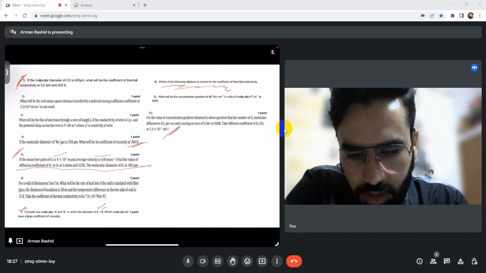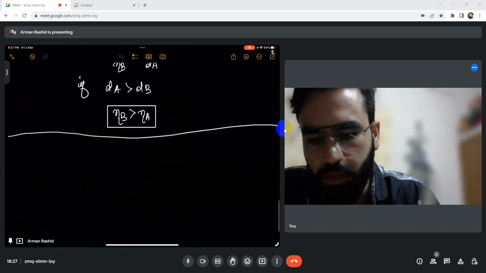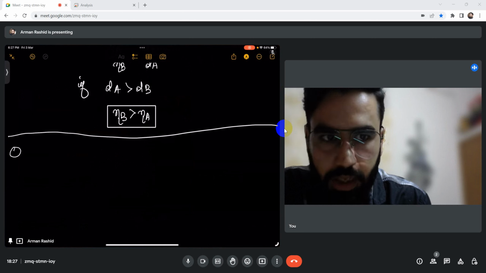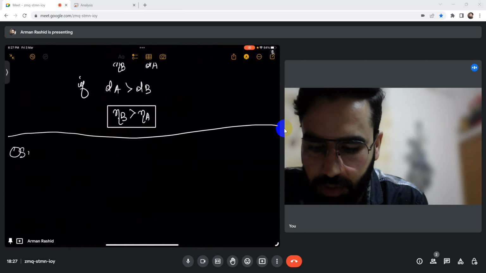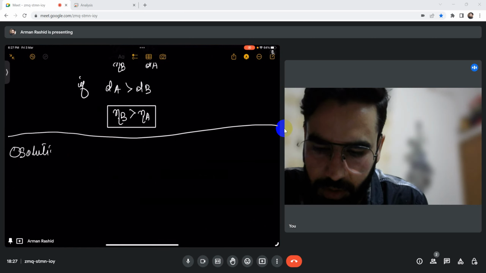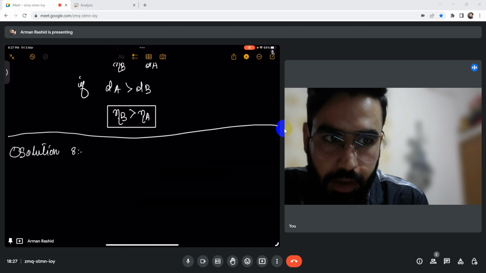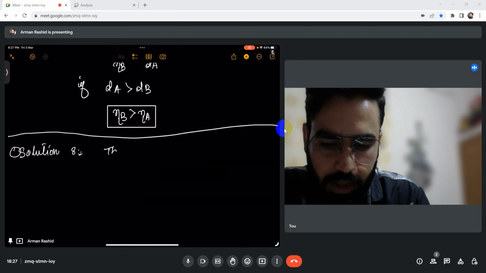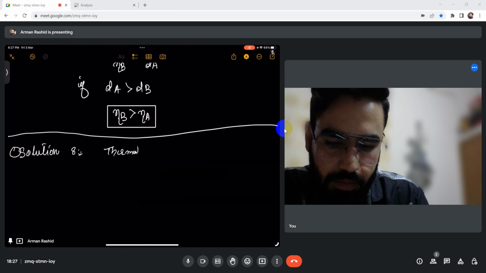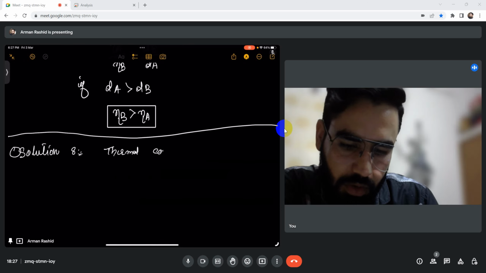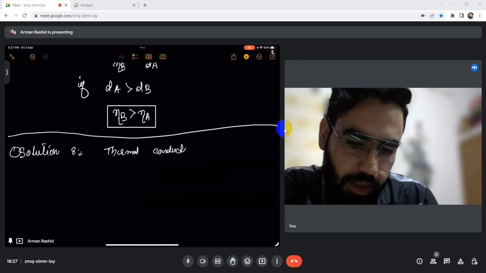To solve the question, I'll write solution 8. You need the thermal conductivity equation.